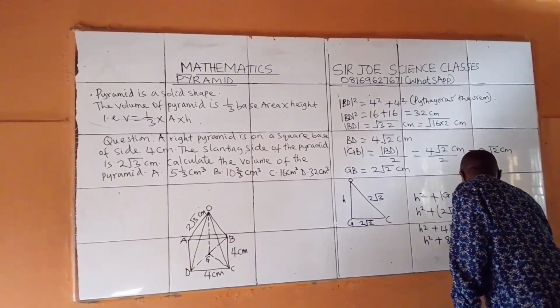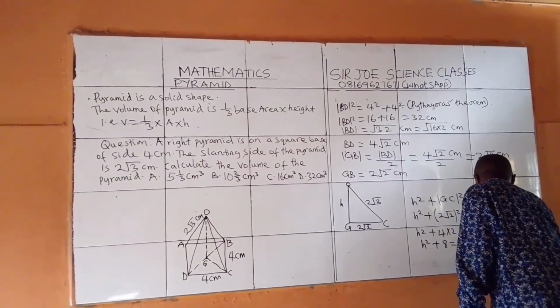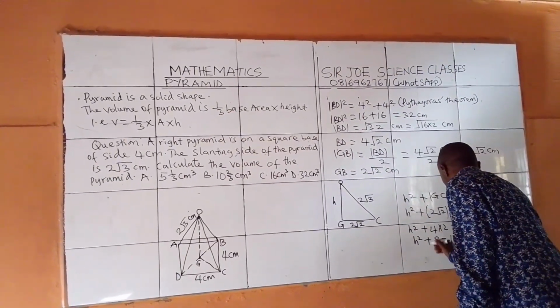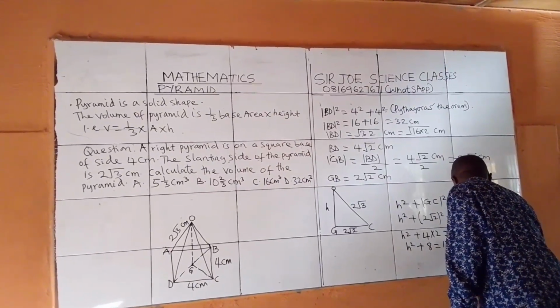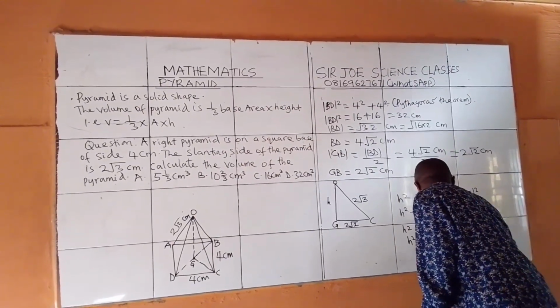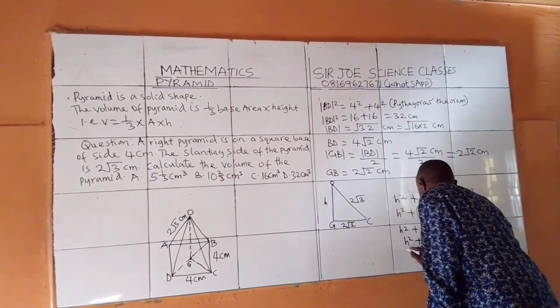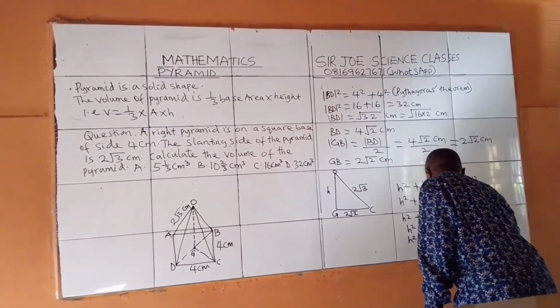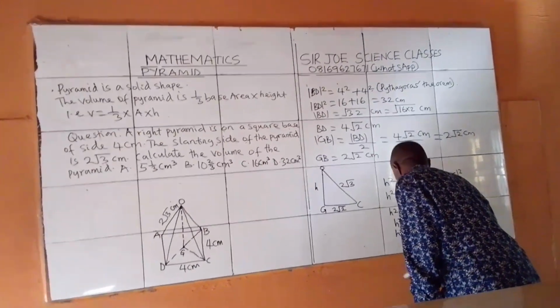So h squared is equals to 12 minus 8. If h squared is equals to 12 minus 8, h squared is equals to 4 centimeter.